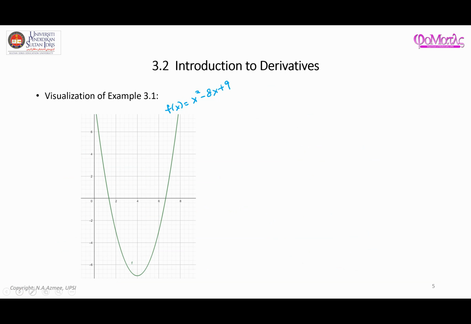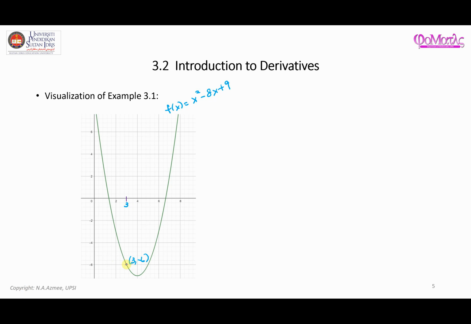And if you consider the specific point where x is equal to 3, this is the special point, and the point is called a. At this particular point, the coordinate is (3, -6).